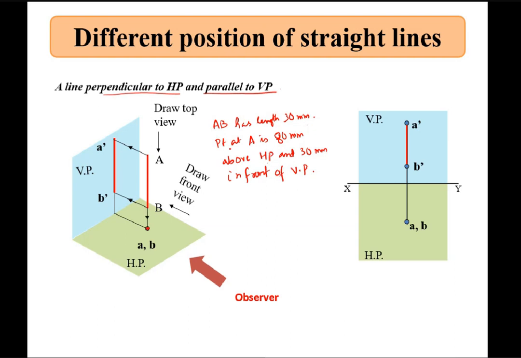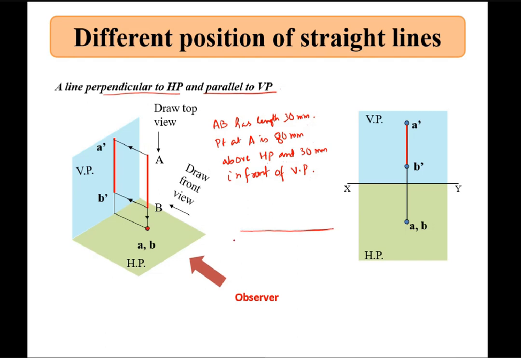Now point A is 80 mm above HP and 30 mm in front of VP. So you can easily draw the projection of point A.